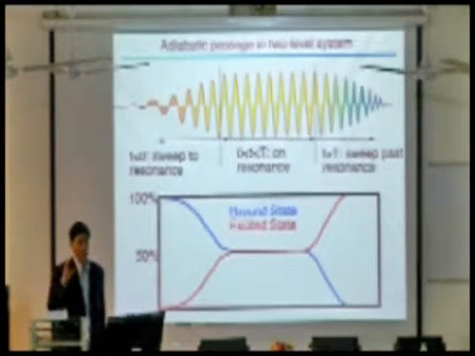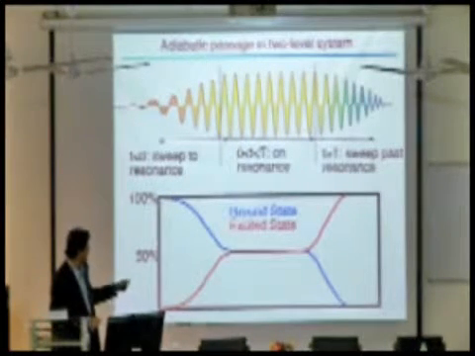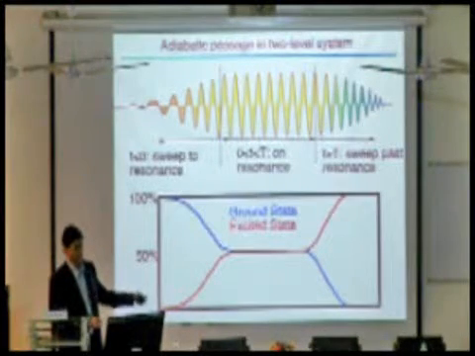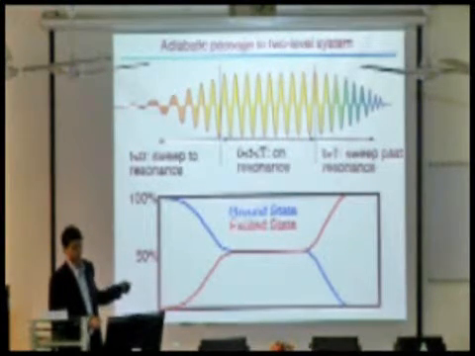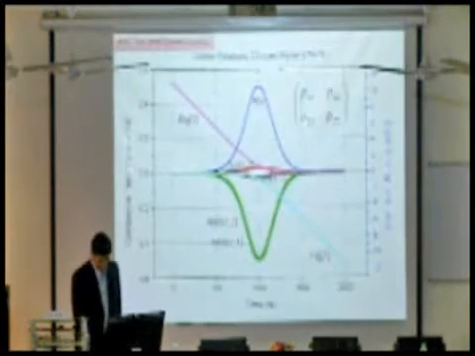The frequency is no longer the same. As the frequency is changing, it's only up to here that the resonance is there, but beyond that the resonance is gone. So even if you are here, you will not be able to push the population down. That's the basic way of understanding these principles.